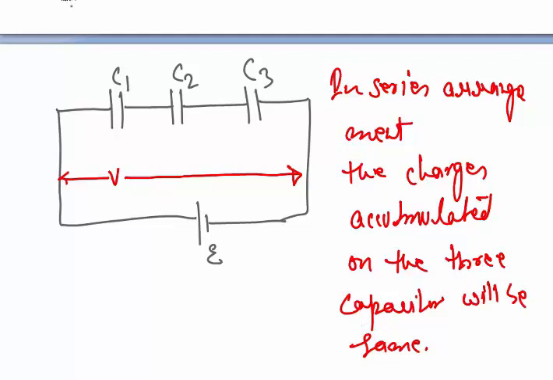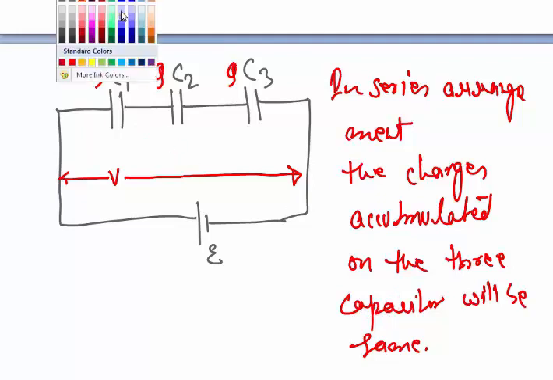What does it mean? It means that if here the charge is Q, here also the charge will be Q, and on this one also the charge will be Q. So the charges are the same in the series combination of capacitors.